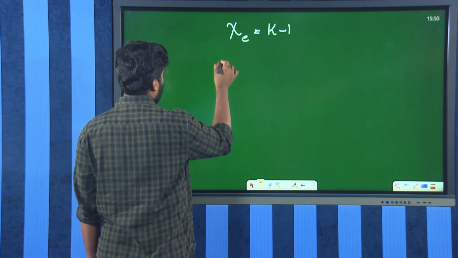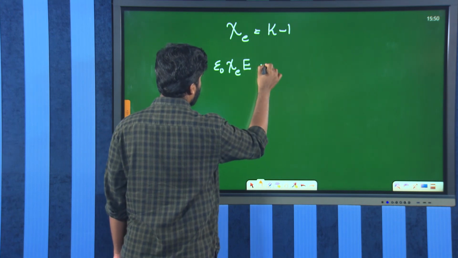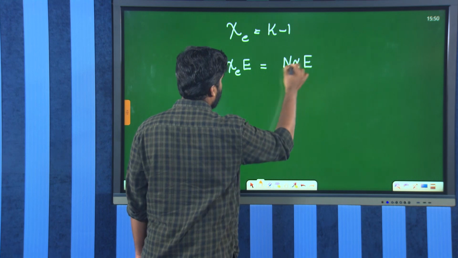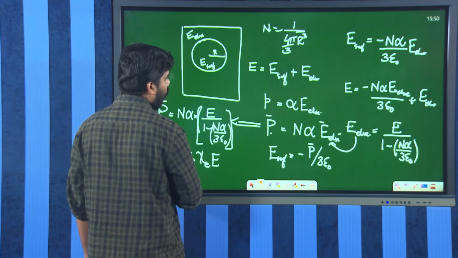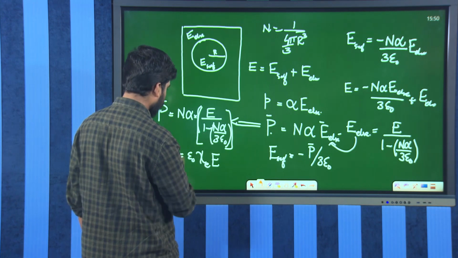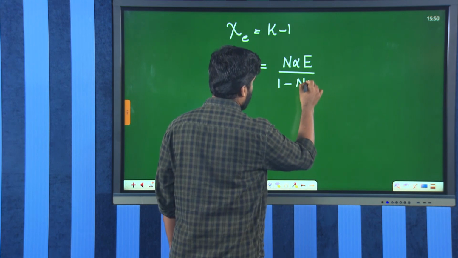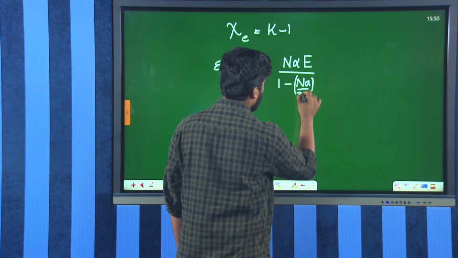And we know that epsilon 0 chi E into E is equal to n alpha into E divided by 1 minus, what was that? 1 minus n alpha by 3 epsilon 0.